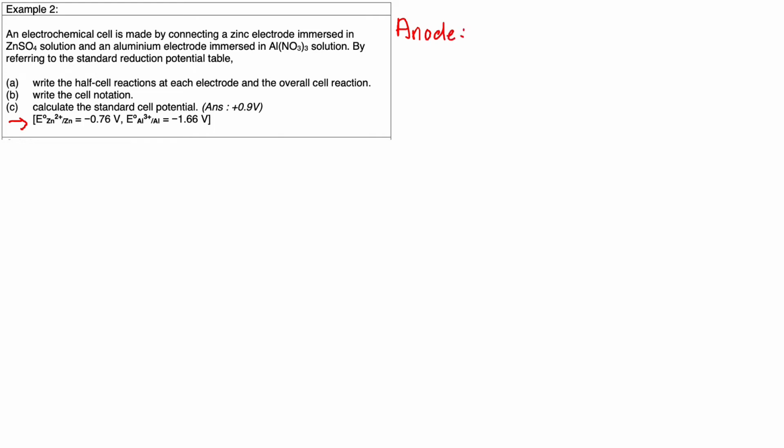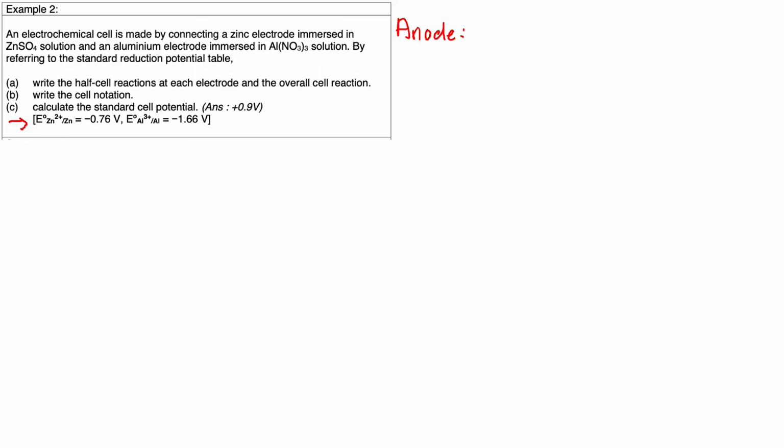So we know anode must be the element with more negative SRP value, or smaller SRP value. If you compare, we can see that actually the aluminium is having more negative SRP value.